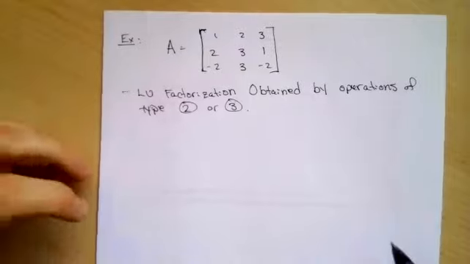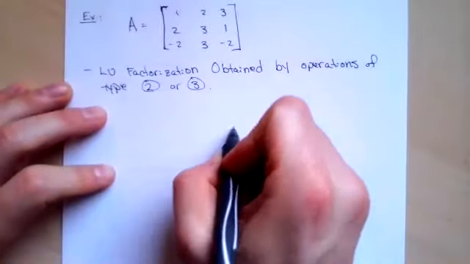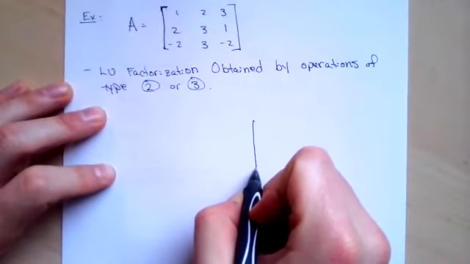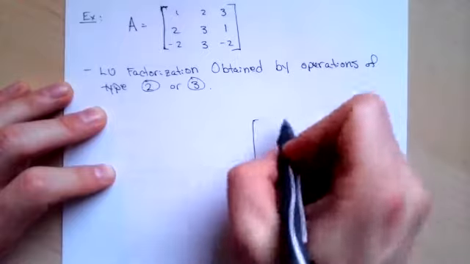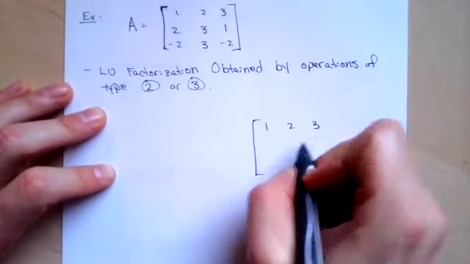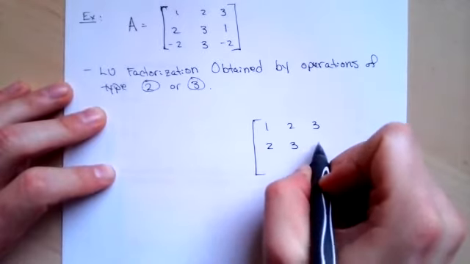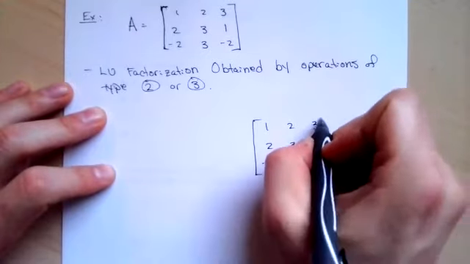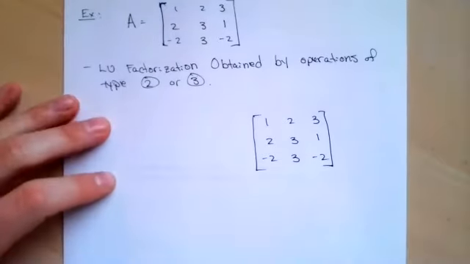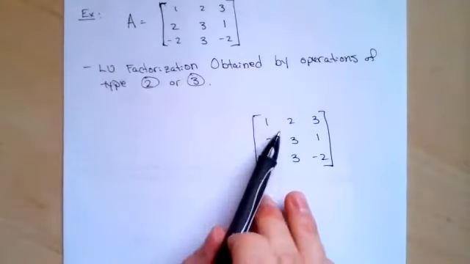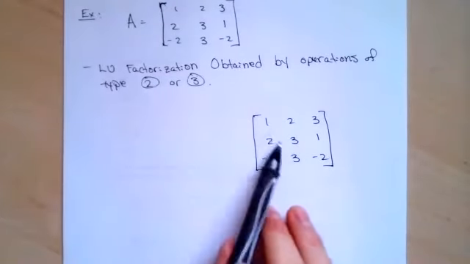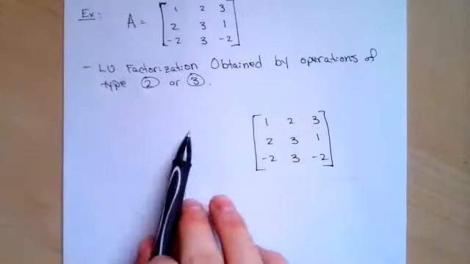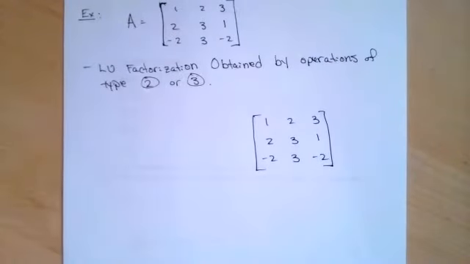So the way it's going to work is, if we start with our matrix A, we're essentially going to go about a similar process as row operations, but the only thing we need to do is obtain an upper triangular matrix. And then we want the corresponding matrix on the left to be lower triangular.